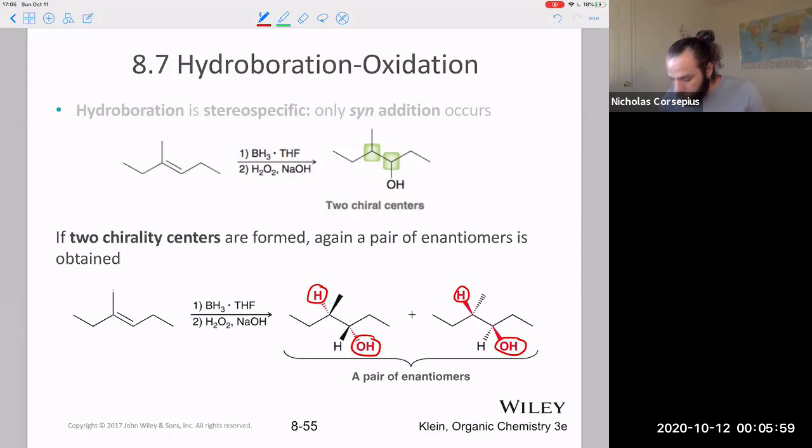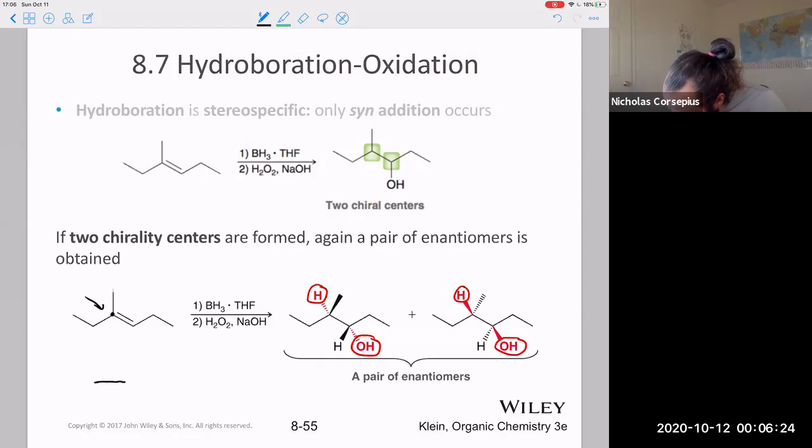If we wanted to see, notice that you get a pair of enantiomers. Again, just like before, there are actually 4 possible stereoisomers of this compound, but you're only going to get 2 of the 4. One way to do this is to think about a Newman projection, right? So let's say that I'm going to look down this carbon here.